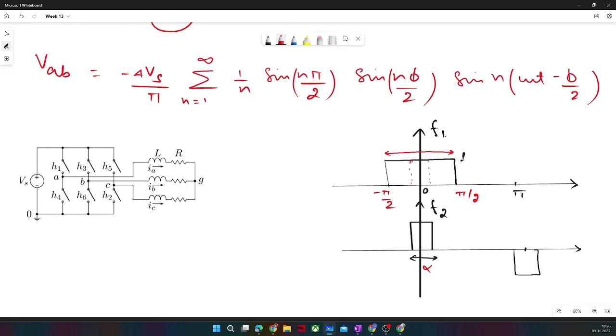So if we subtract F2 from F1, then this portion would be removed from this F1 and it would appear like a single notch here, and that removed portion would come at pi inverted. So we will see what kind of waveform we will achieve. It will be interesting, I guess.